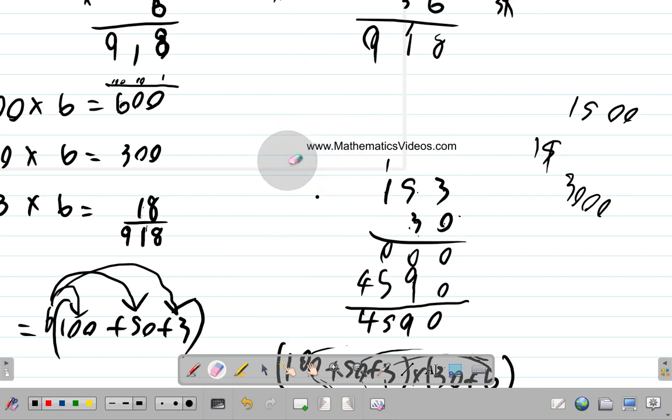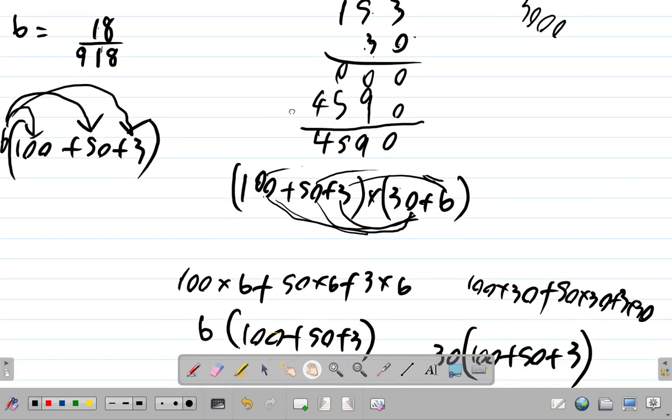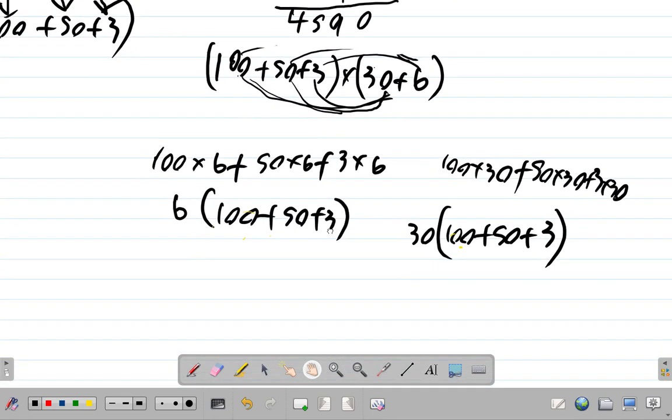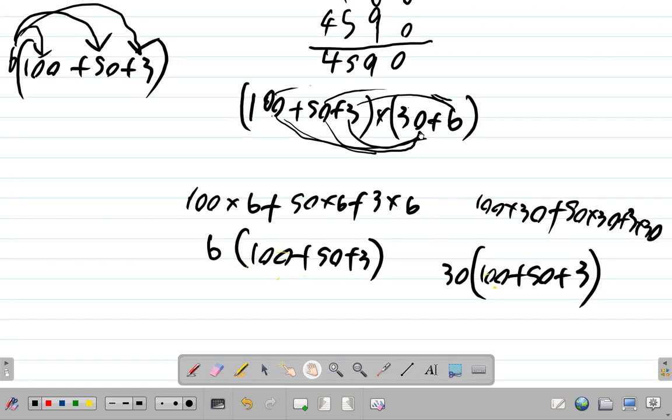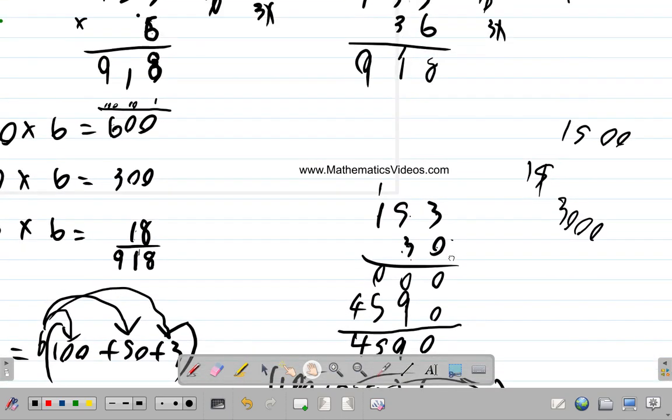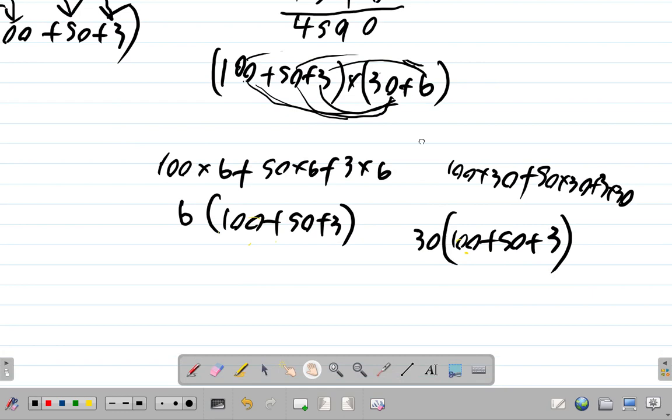The thing is, that gives you a certain level of what really happens behind the scenes. You multiply 153 by 6, 100 plus 50 plus 3 by 6. Then you multiply 100 plus 50 plus 3 by 30, and then you add them. Right? So let us just do it straight and be done.